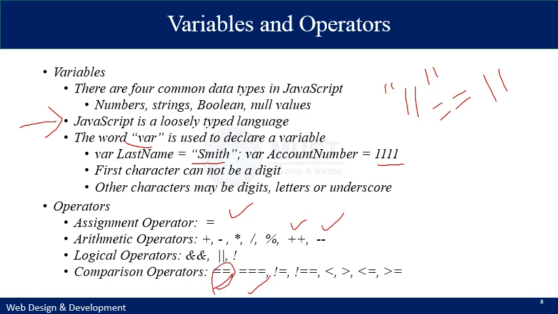However, if you use the triple operator, it will return false. So this will only return true when the type of the variable also matches. Similarly, you can use not equal to and not double equal to for the same but opposite purposes. The rest of the operators are the same, just like less than, greater than, less than equal to, and greater than equal to.